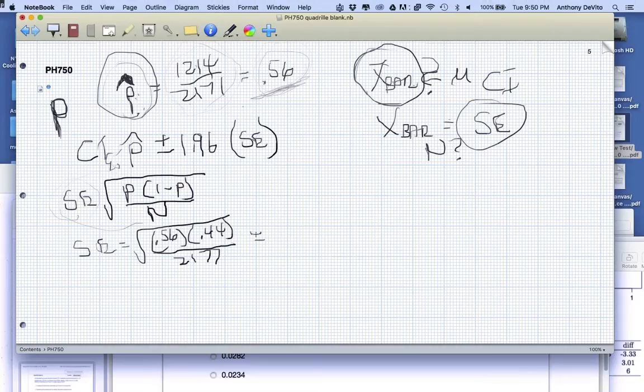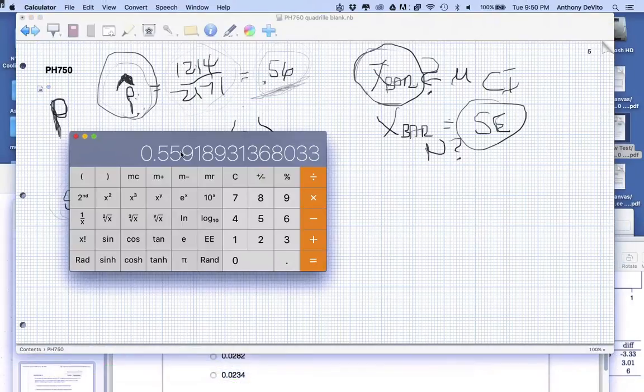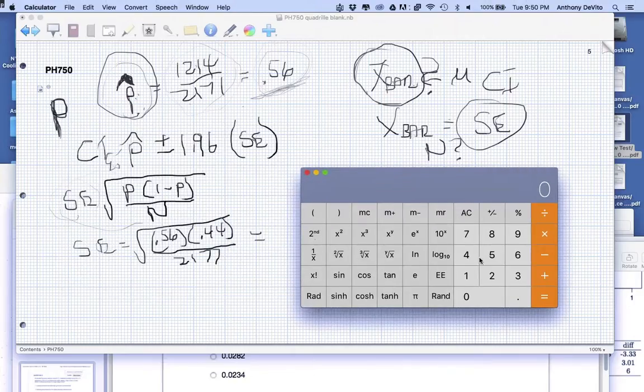So if I work that out, let's see, 0.56 times 0.44 is equal to that, divided by 2177 is equal to this, and I'm going to take the square root of this whole thing.